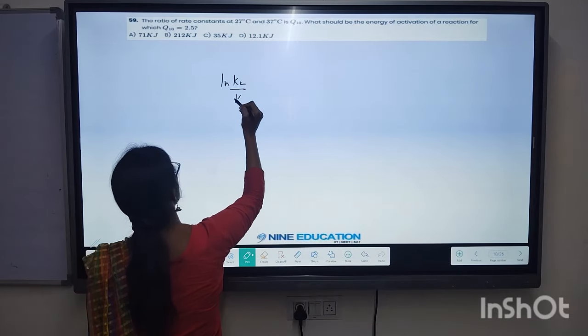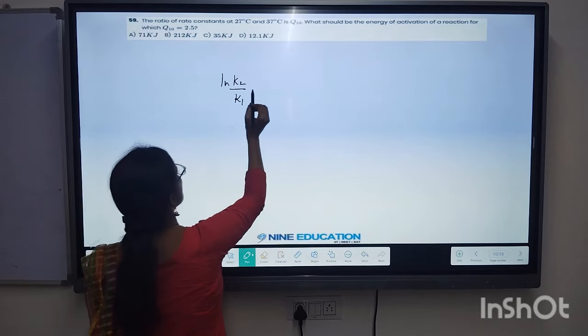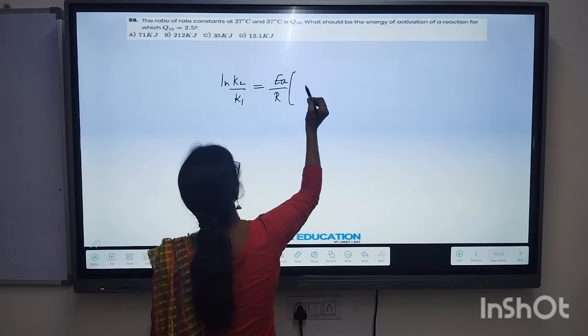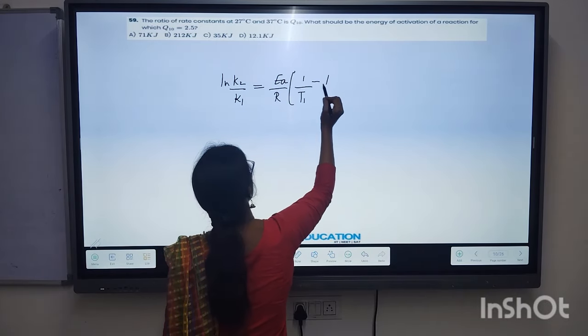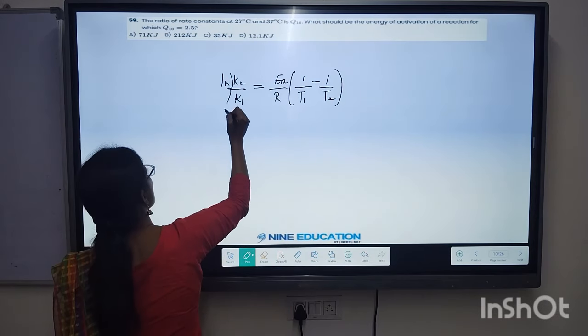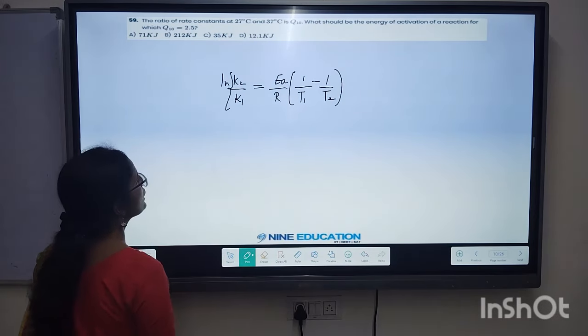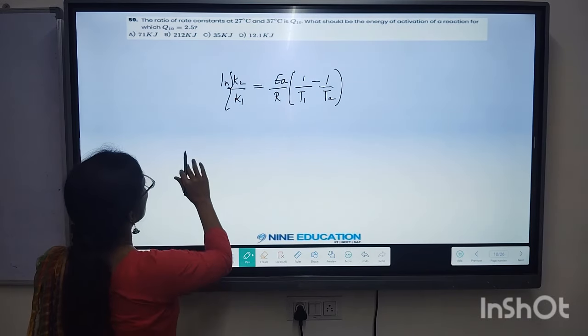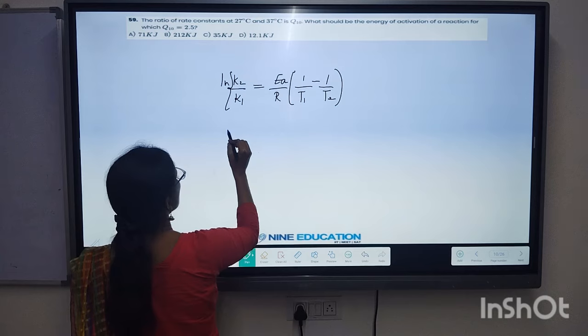We'll be having ln K2 by K1 is equal to EA by R, and here we'll be having 1 upon T1 minus 1 upon T2. Now K2 by K1 is only the ratio of the two rate constants at two different temperatures, which is Q10, for which the value is given as 2.5.